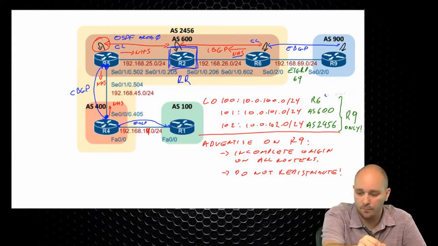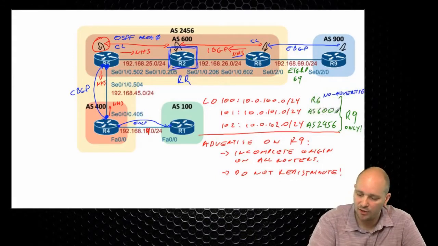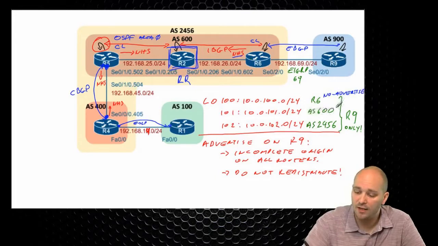This one that needs to stay only on R6 needs to be no-advertise. So no-advertise. This one here that needs to stay in AS600 needs to get the local-AS. And this one here that needs to stay in AS2456 is going to be no-export.